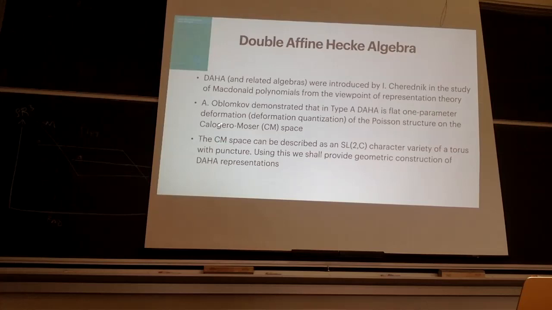It's a flat one-parameter deformation of the Poisson structure on the so-called Calogero-Moser space, which I'll discuss in a second. And then the space can be understood as the SL2 character variety of a torus with a puncture, with a certain simple monodromy attached to the puncture. Basically the idea is to understand geometric constructions of DAHA representations by studying the geometry of this space. So that's the plan for today.